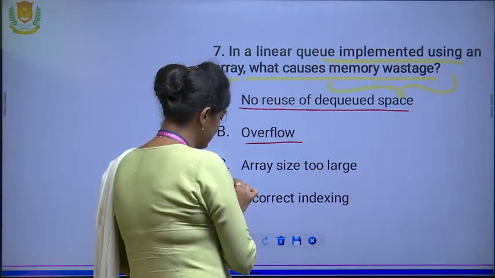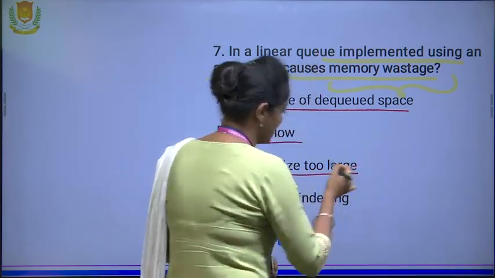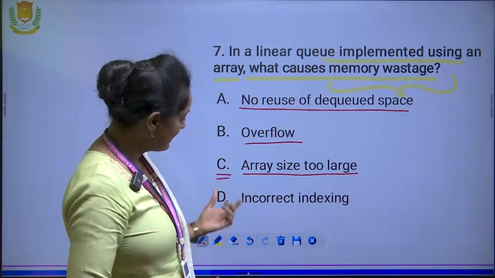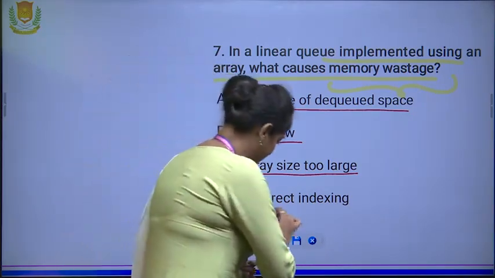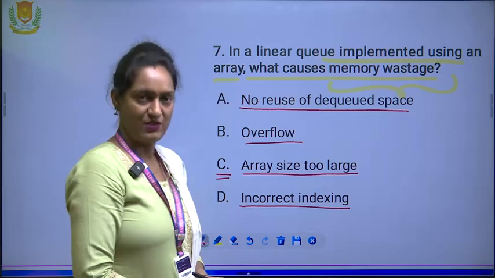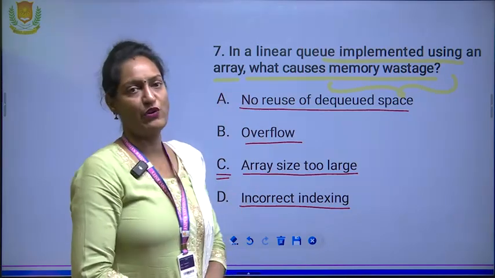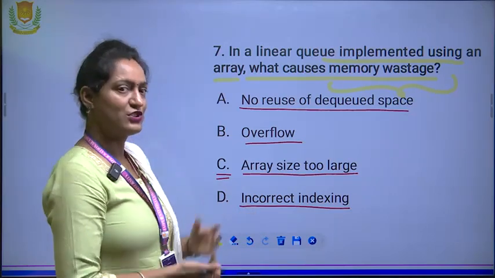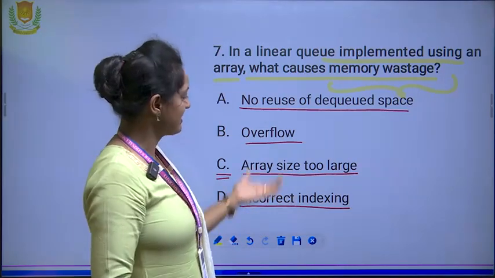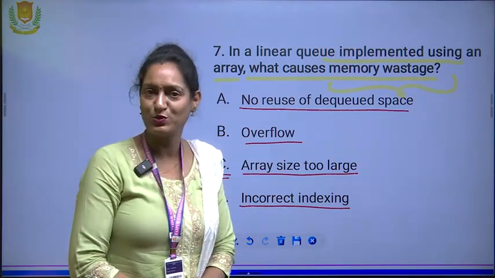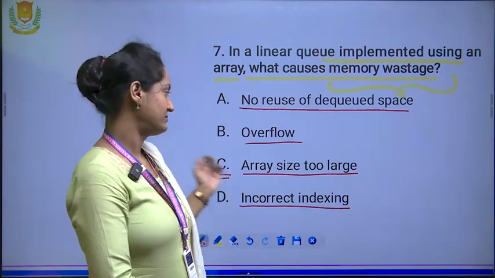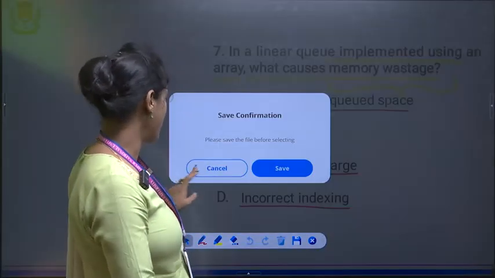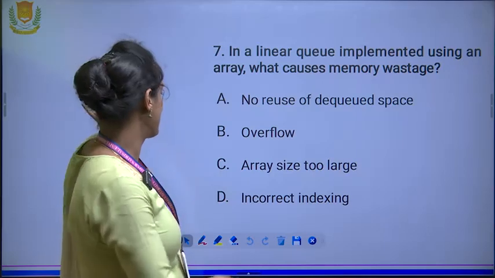Option C is array size too large, and the last option is incorrect indexing, right? So these are the 4 options we have. Now what will be the answer? Do you have any idea which is the correct option, my dear students? So we will go for the answer, and the answer is option A.